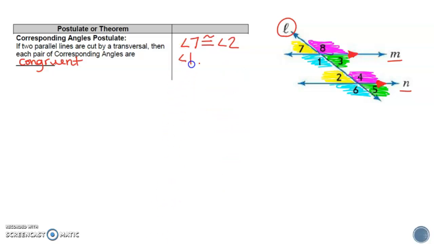I could say angle 1 is congruent to angle 6. I could say angle 8 is congruent to angle 4, and I could say that angle 3 is congruent to angle 5. All because this transversal L is cutting two parallel lines, which makes the corresponding angle pairs congruent.